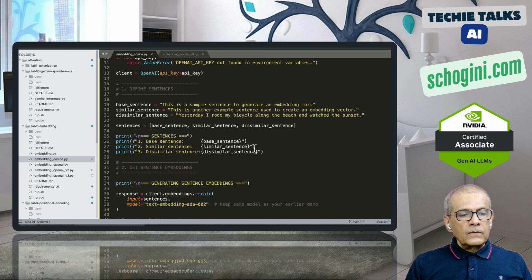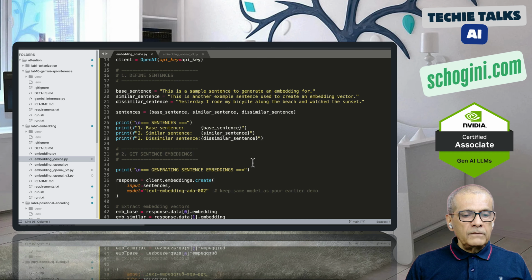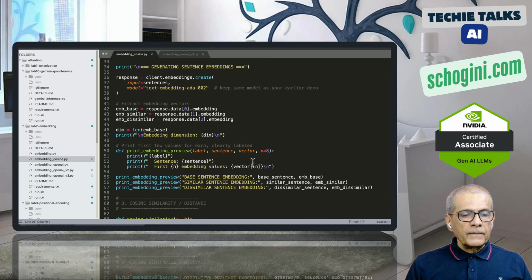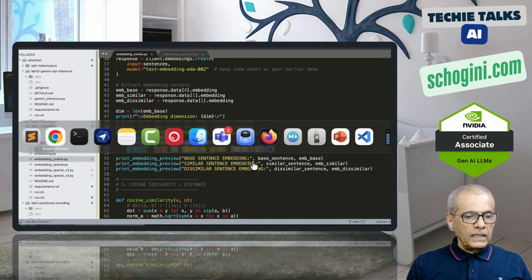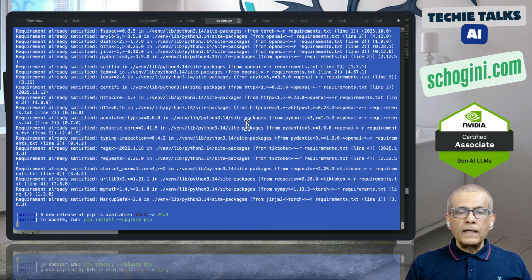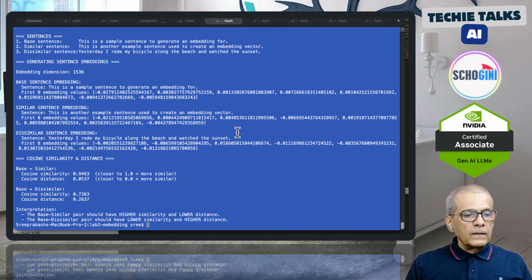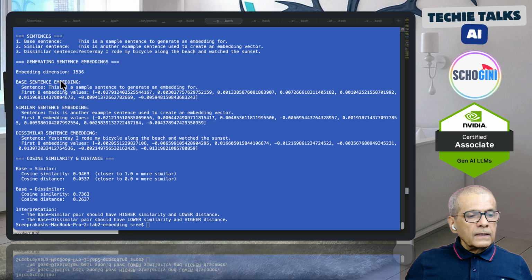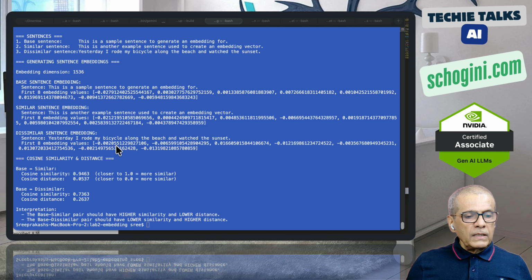So first we will convert each of these sentences into their embeddings. Then we will use the cosine function to compute the similarity. So let's run it and see the output. Okay, so here, this is the base sentence embedding, similar sentence embedding, dissimilar sentence embedding.